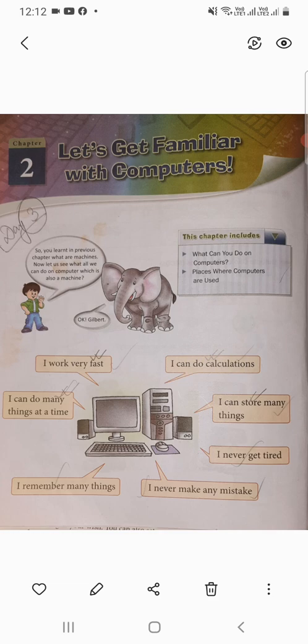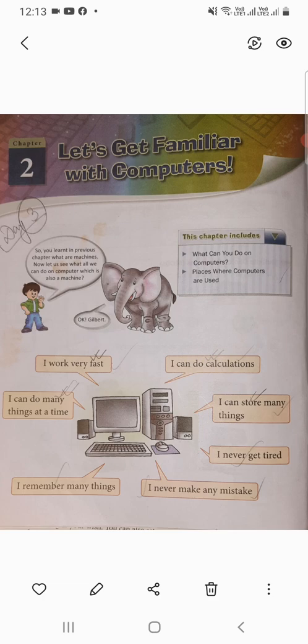Next, I can do calculations. Yes, a computer is also a machine that has a calculator. Using that calculator we can easily solve our calculations, and the computer can do calculations very fast.